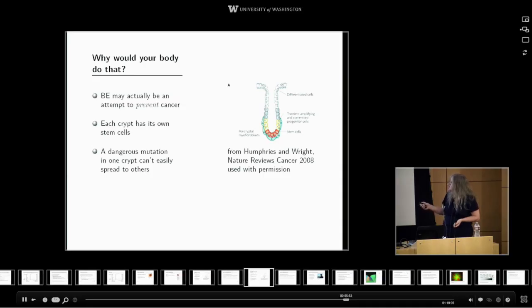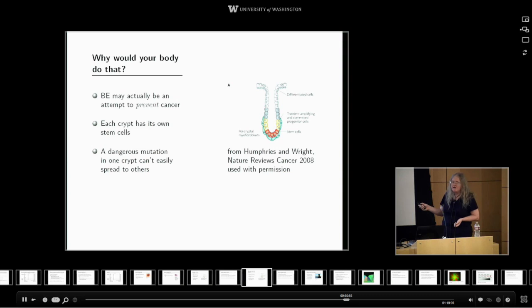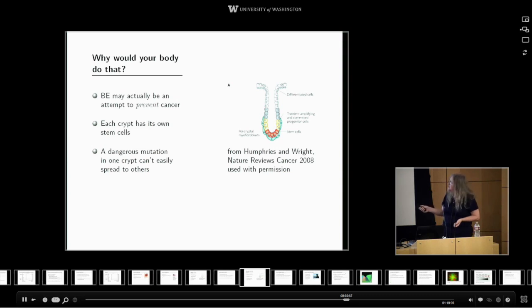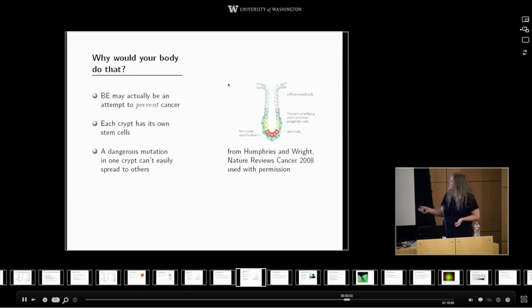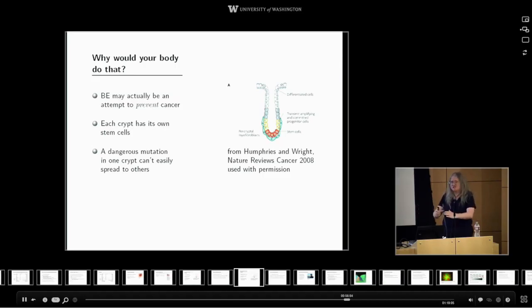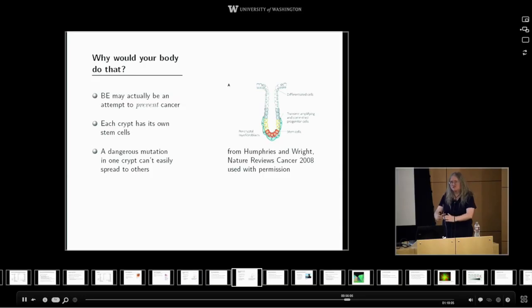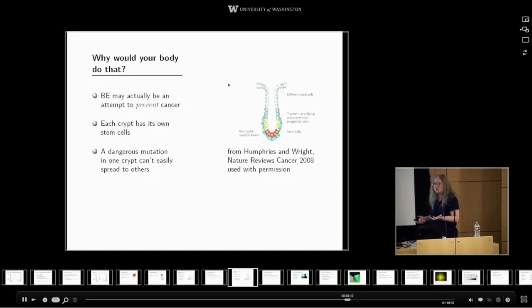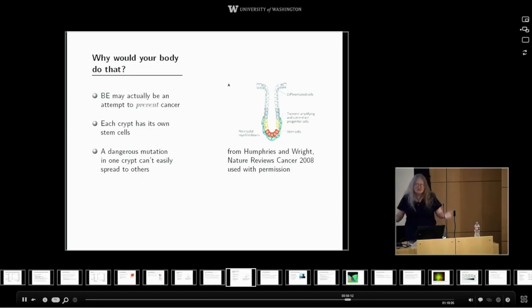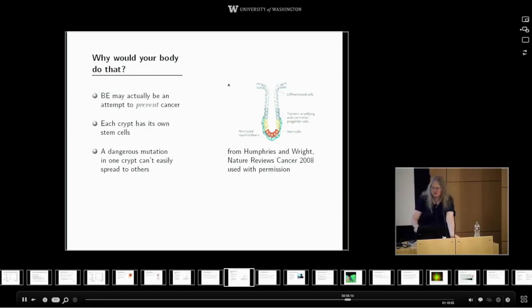It can produce cells that go up here, but those cells are going to die. There's no very easy way for a mutation that occurs here to spread across the esophagus. This is like little isolation cells. Each set of cells is in its own crypt, producing its own offspring, and if one of them goes wrong in some modest way, it doesn't have much opportunity to spread.